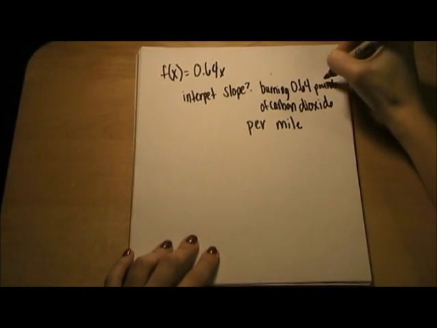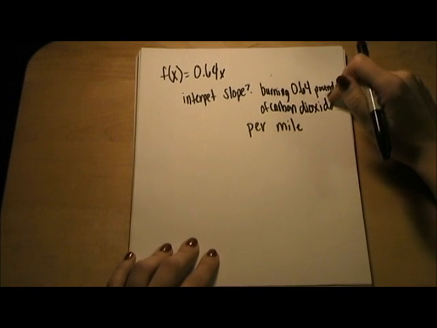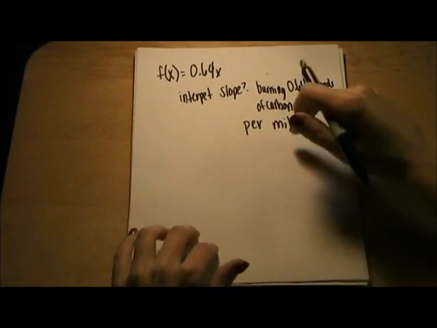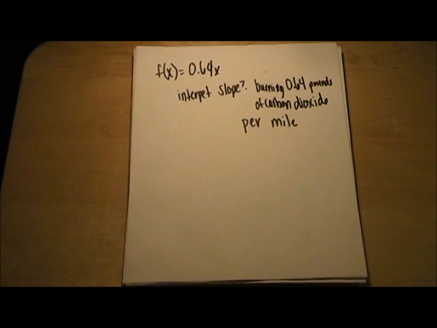Remember, the vertical axis is our pounds, per our x-axis, mile.